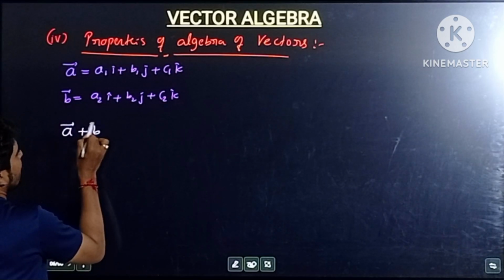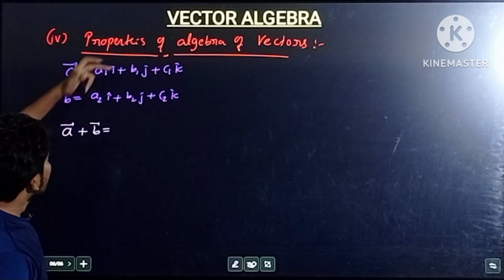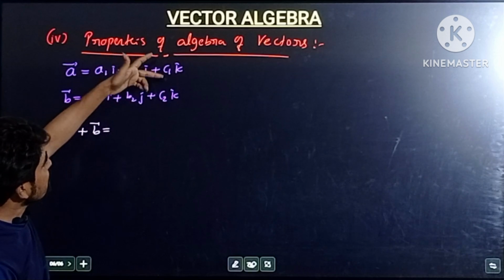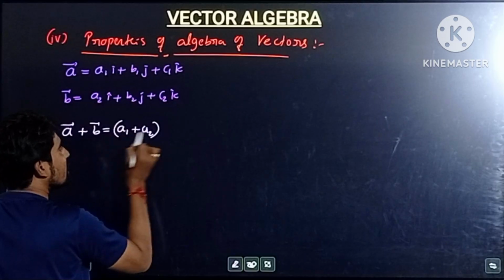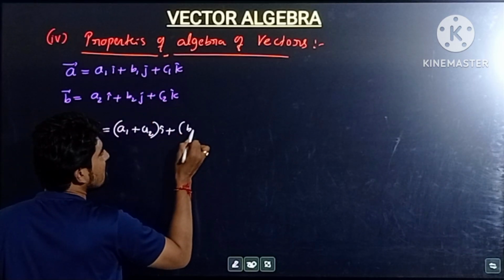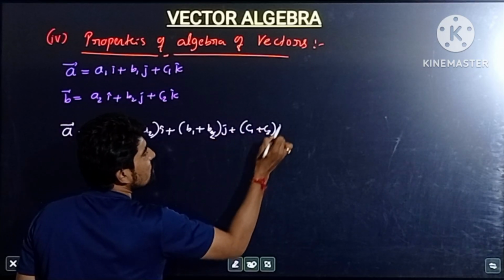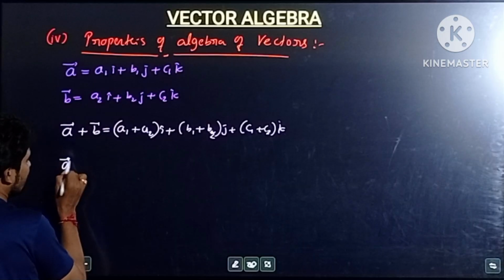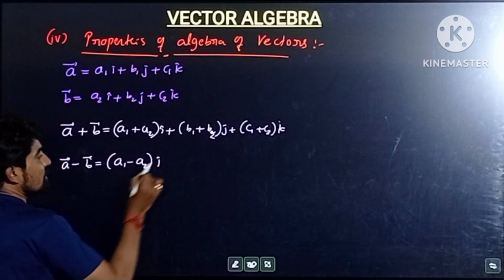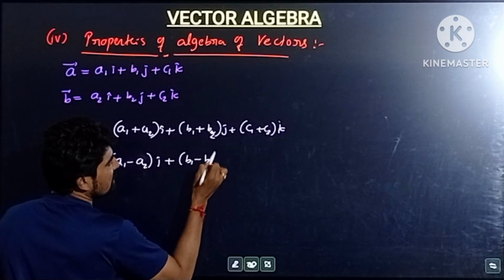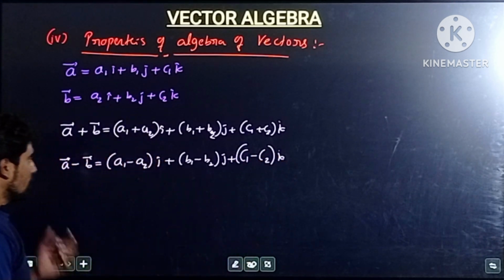That is a1i plus a2i plus b1j plus b2j plus c1k plus c2k, which is nothing but (a1 plus a2)i plus (b1 plus b2)j plus (c1 plus c2)k. Similarly, a vector minus b vector is equal to (a1 minus a2)i plus (b1 minus b2)j plus (c1 minus c2)k. I hope all of you understand.